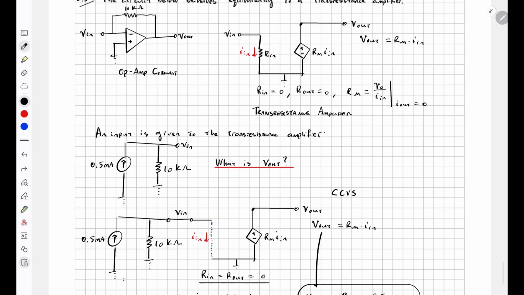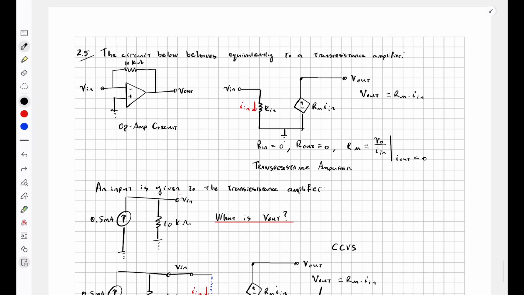There are two equivalent circuits. The textbook tells us that these two circuits behave equivalently to each other. As we can see here, I'm going to replace it with the virtual short circuit, because Rin is 0. Not an actual short circuit, but a virtual short circuit.